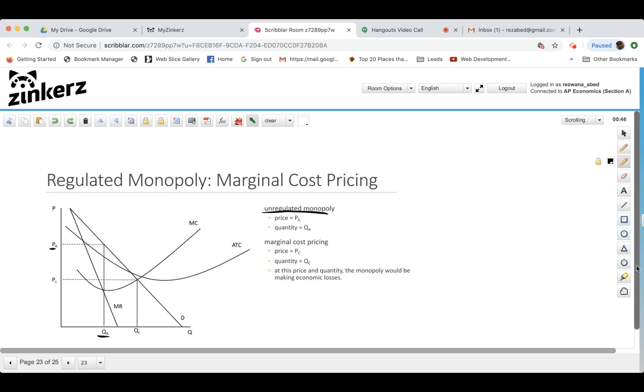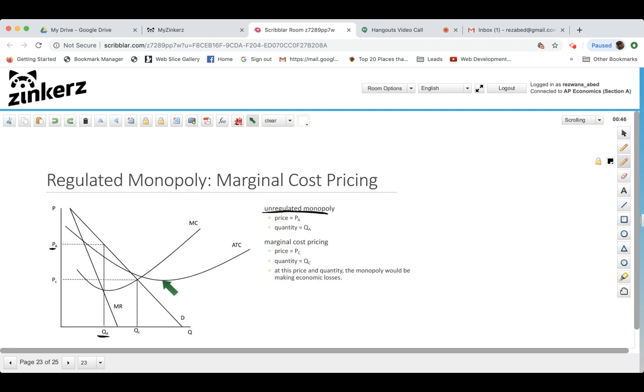So what the government does, and of course, I forgot to mention the average cost curve. As you can see, the average cost curve looks like this. It is a lot more stretched out than we have seen previously. The minimum of the average cost curve doesn't occur until a very big quantity, a quantity which is a lot higher.